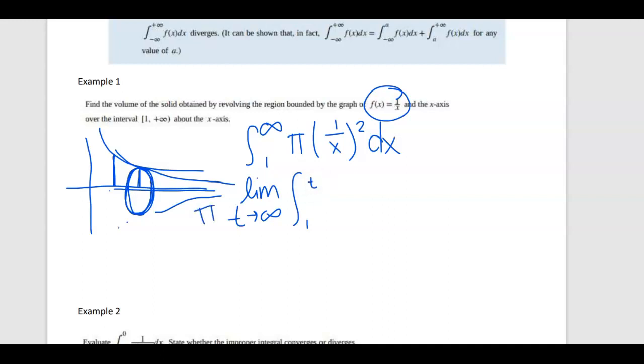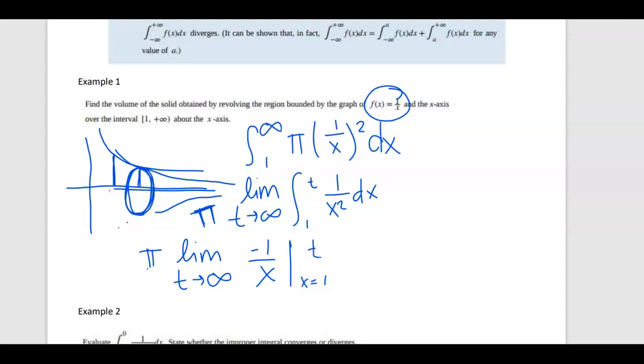I can take the pi all the way out, and then I have 1 over x squared dx. That's the same thing as x to the negative 2, and the integral of that is negative 1 over x, evaluated from x equals 1 to t.